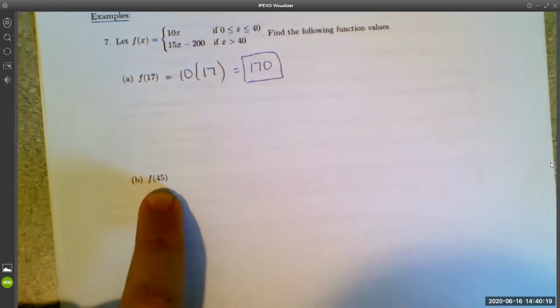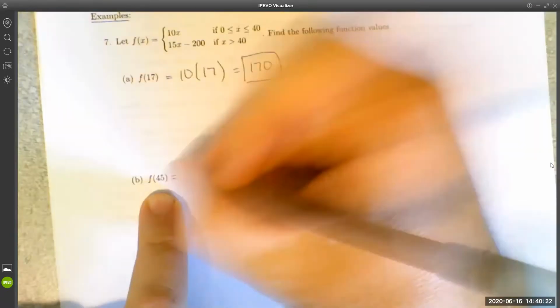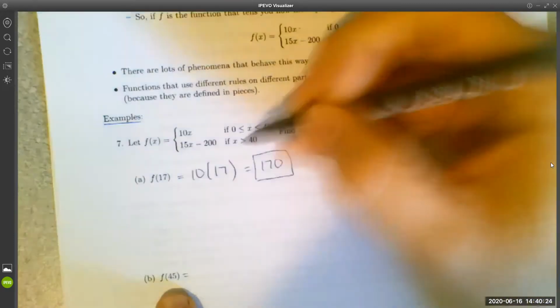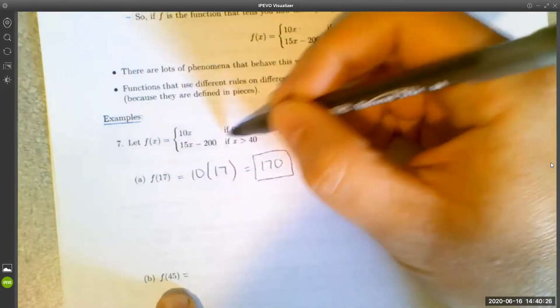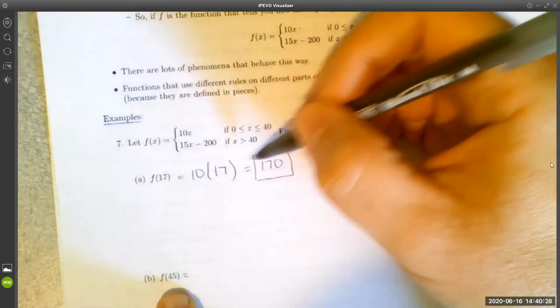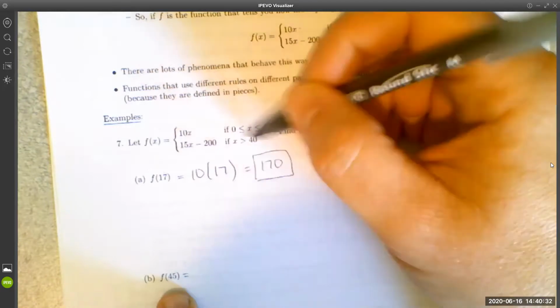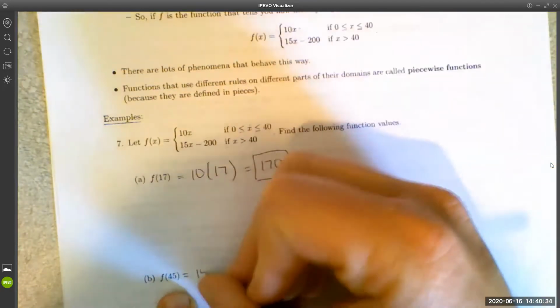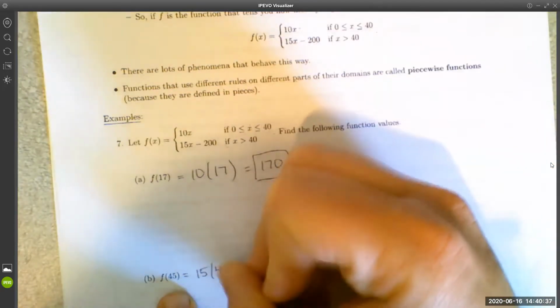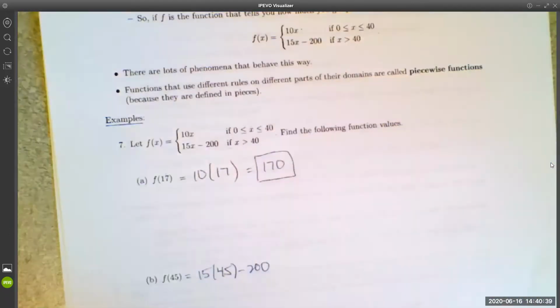What about if I work 45 hours in a week, right? What's f of 45? So for 45, I'm on this other part of the domain, right? x is greater than 40. So I'm going to use the bottom rule for x equals 45. So I'm going to say f of 45 is 15 times 45 minus 200. How much is that?